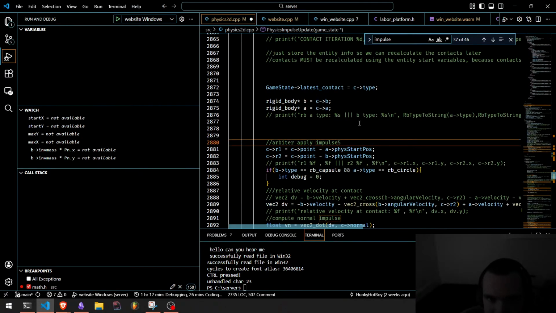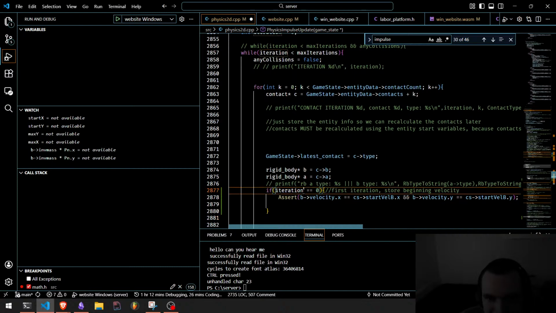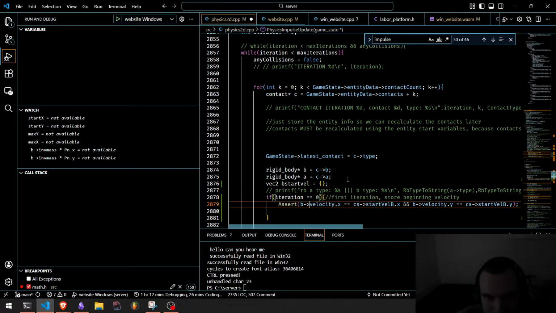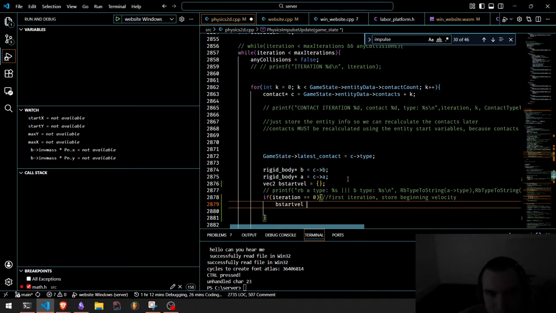Take the same thing here. Iteration equals 0. We'll just have something called like vec2 start b start velocity. And we'll just set it to null. And then if it's the first iteration, gonna do equals the b velocity, right?